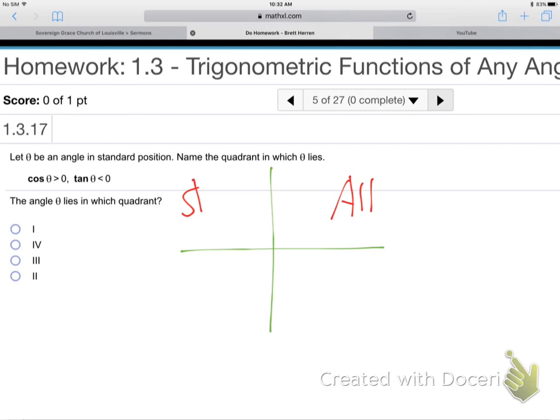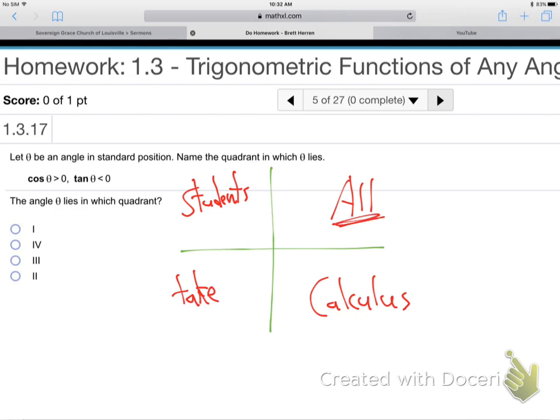All students take calculus. You guys gonna take calculus? I hope. All students take calculus. So that's a memory device for helping you remember the signs. What does that mean?